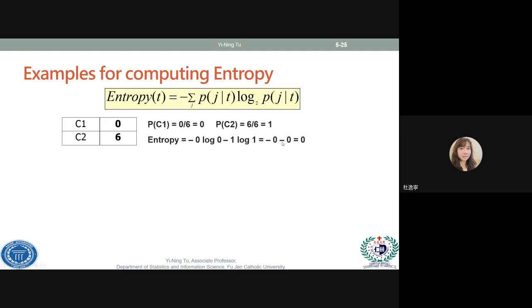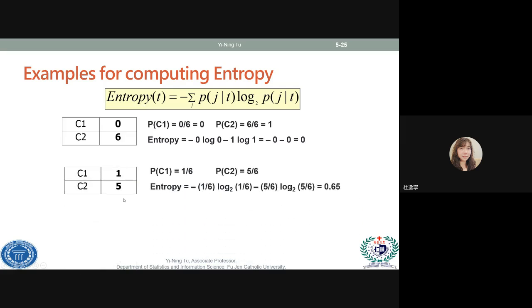Any number to the power of zero is 1. So first we will see the limit situation, the extreme situation, and it's very clear. So the entropy will be 0, very clear.